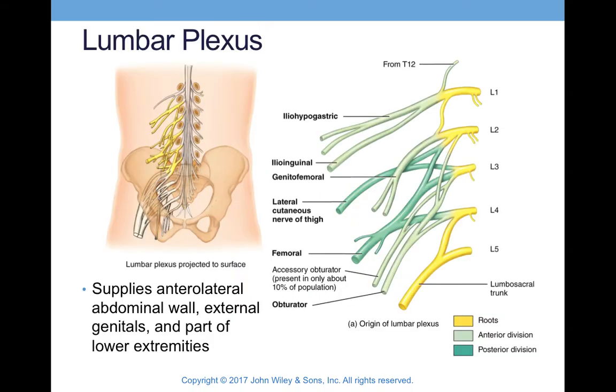The lumbar plexus supplies the anterolateral abdominal wall, external genitals, and part of the lower extremities. The largest nerve arising from the lumbar plexus is your femoral nerve. And so injury to the femoral nerve is indicated by the inability to extend your leg and also by loss of sensation in the skin over the anterior medial aspect of the thigh.